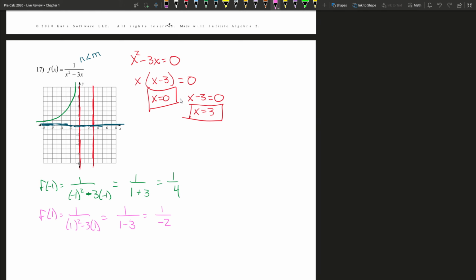Which is negative, and that's below our blue line. So our graph is going to approach both sides of the asymptotes to the left and the right.